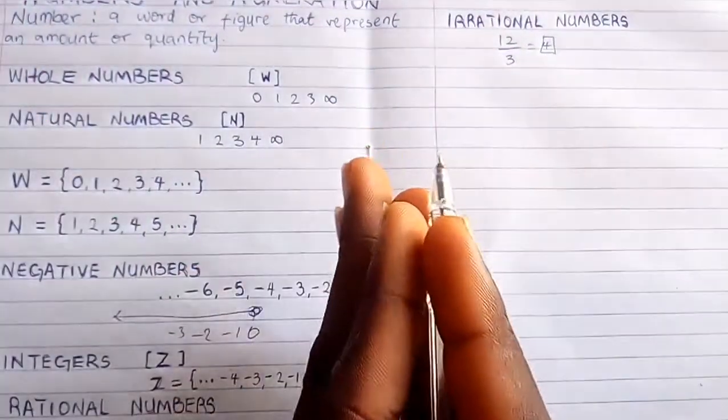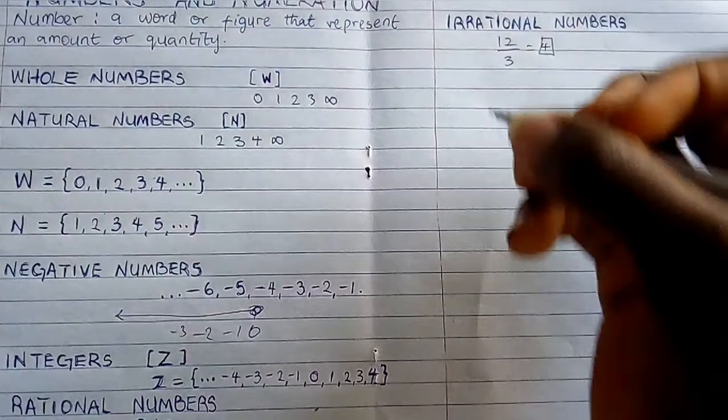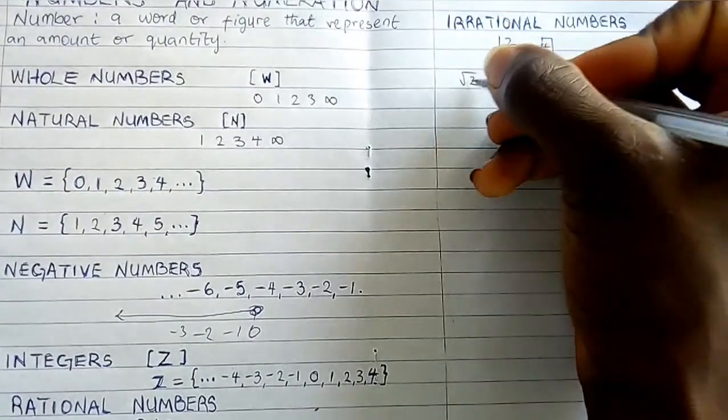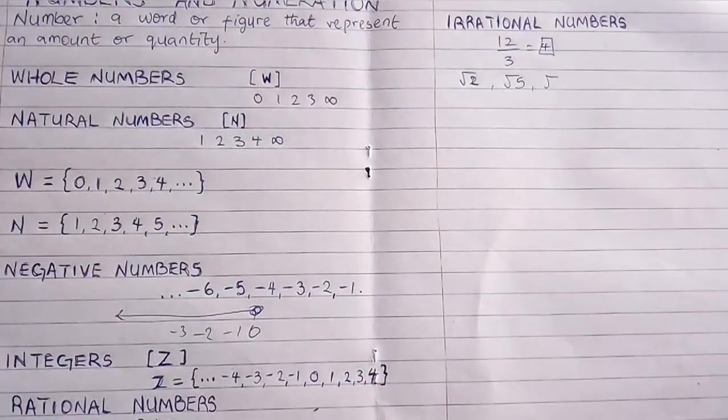So irrational numbers are numbers that cannot be expressed as quotients of two integers. This means that irrational numbers are numbers like root 2, root 5, root this, root that. All these are irrational numbers. They cannot be expressed as the quotient of two integers. When you press root in the calculator, root 2, root 5, any root, all roots like these are irrational numbers.